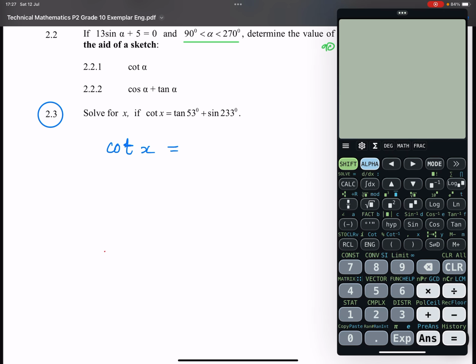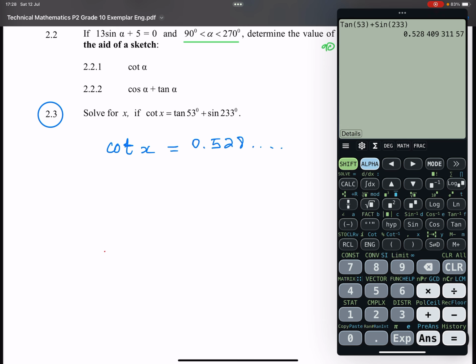Now, under normal circumstances, but let me rather work that out first, plus the sine of 233. Right, I get that value. I'm not going to round it off at this stage as yet. 0.528... Okay, right, that's that entire number.